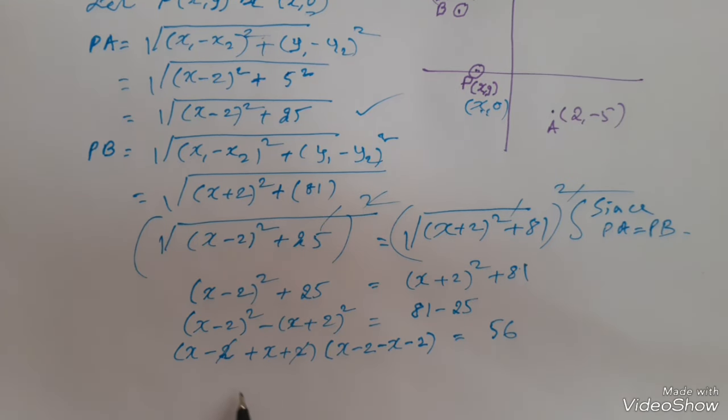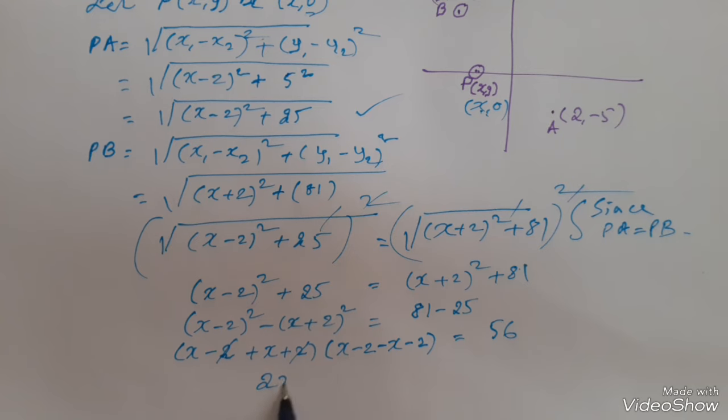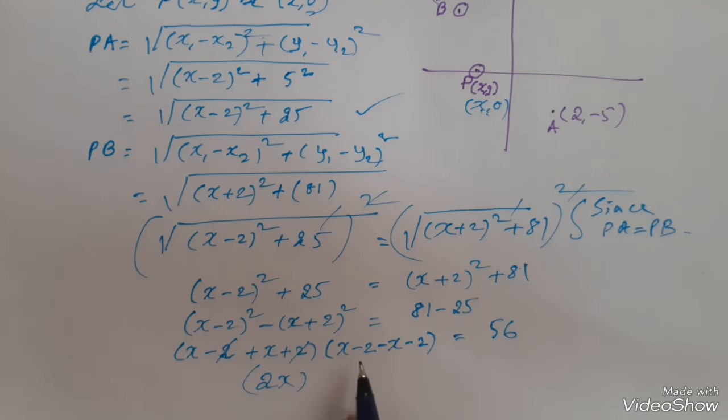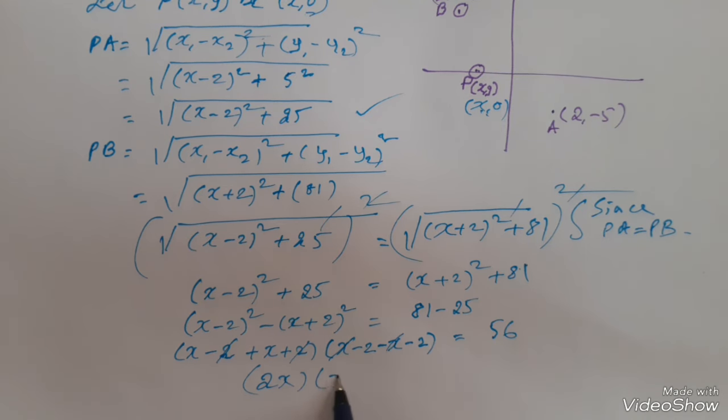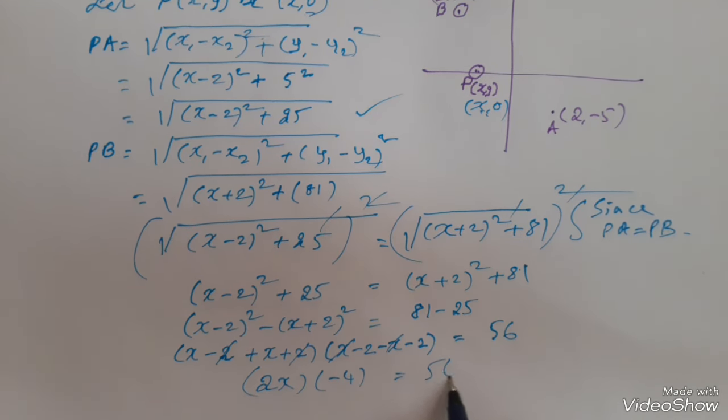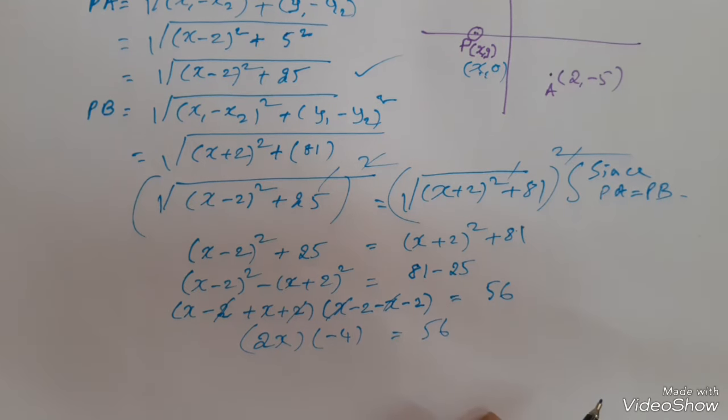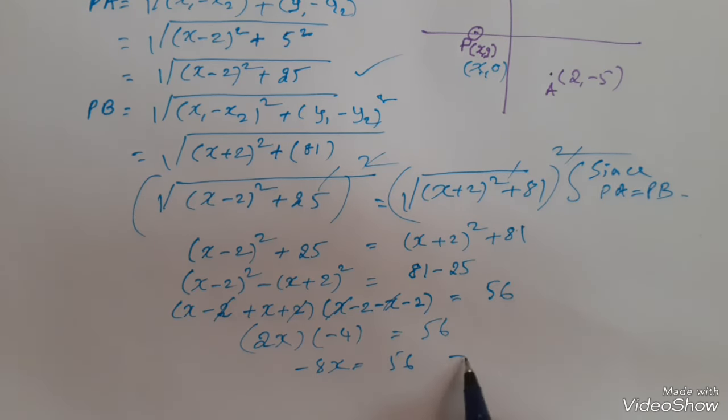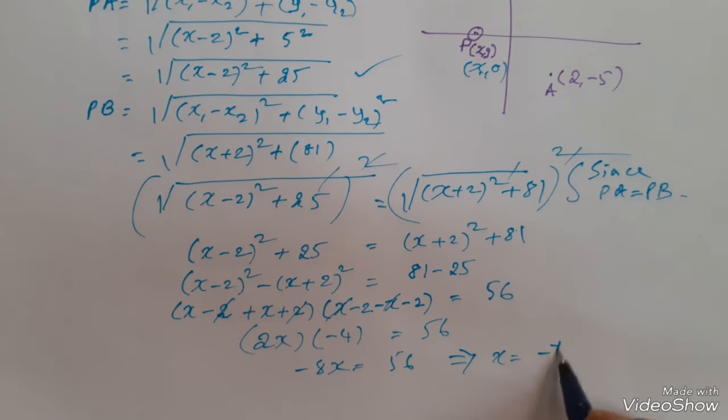Minus 2 plus 2 cancel here, x plus x is 2x, into here, plus x minus 2 minus 2 is minus 4, equal to 56. Then we get minus 8x equal to 56. Then x equal to 56 divided by minus 8. We get minus 7.